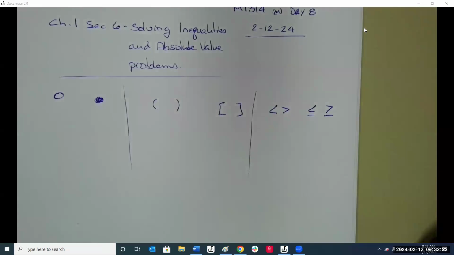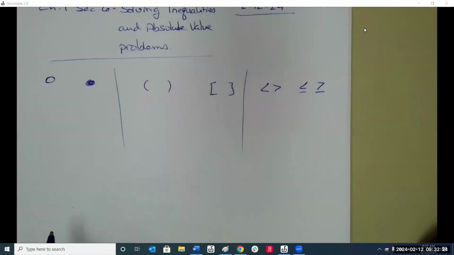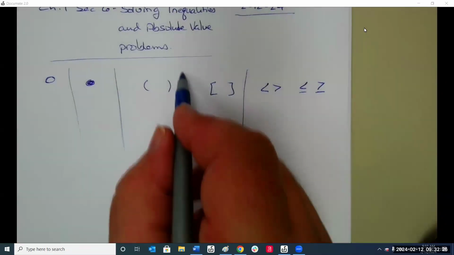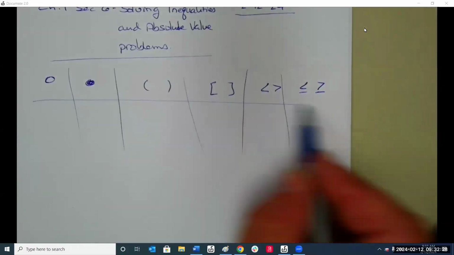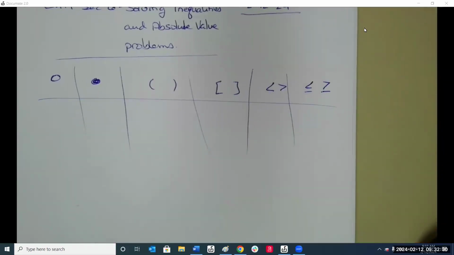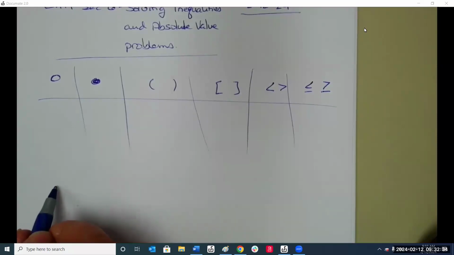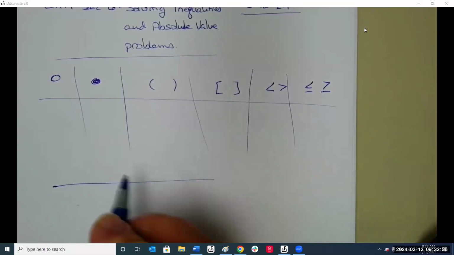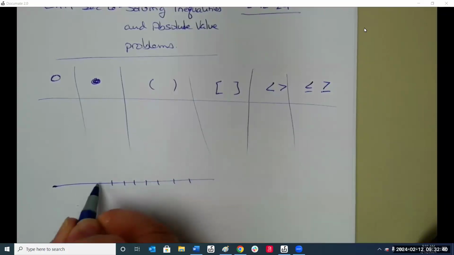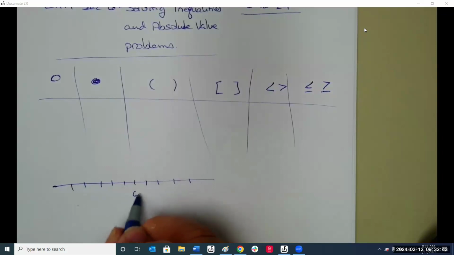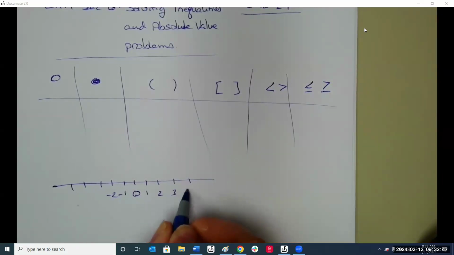And they come in pairs. When we graph things, here's 0, -1, -2, 1, 2.